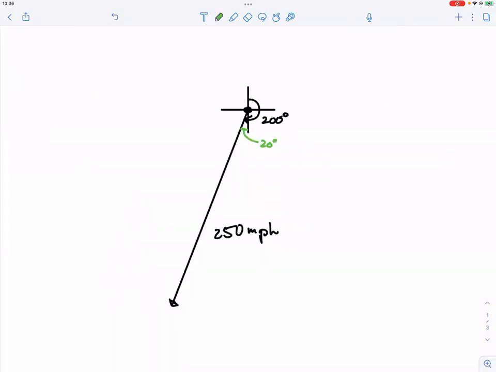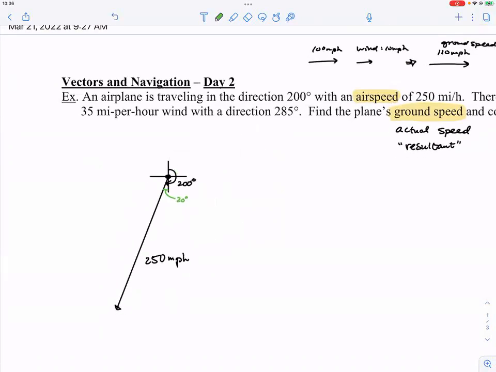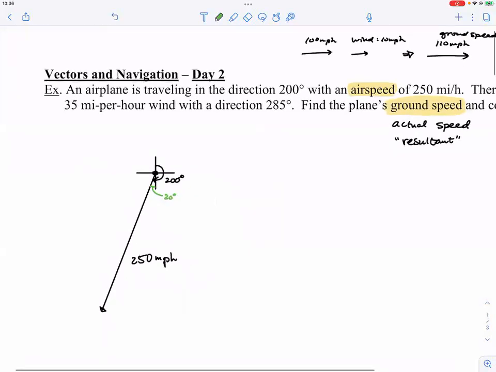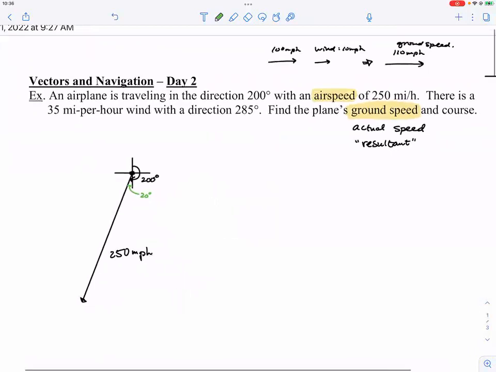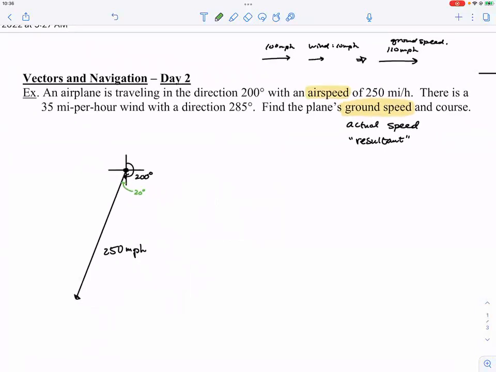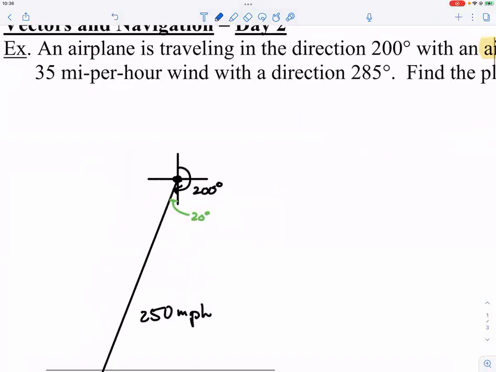Just be ready. And then the wind direction. Okay, the wind direction is going to be affecting the airplane. It's 35 miles per hour at a direction of 285. Now, I am going to use a blue color. So it's going to affect the plane. So 285 degrees will be somewhere like this.